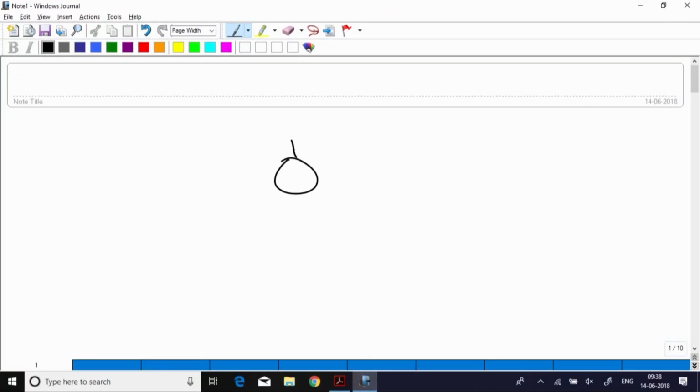A more compact way of writing that is the following. This is your neuron, this is the output y, and you have several inputs x1, x2, up to xm, and you have the corresponding weights up to wm.